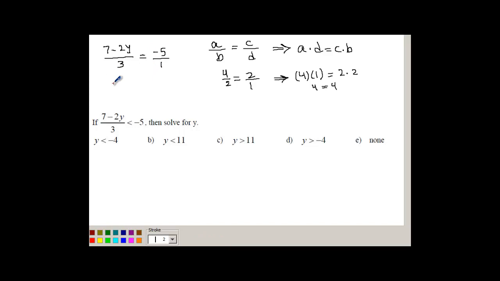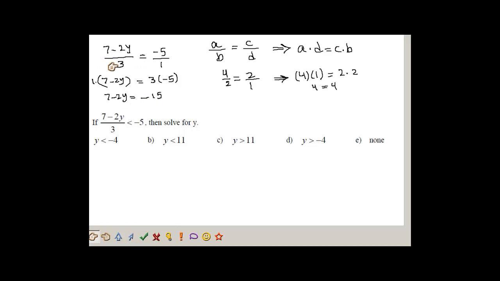I can write this as 7 minus 2y times 1 must be equal to 3 times minus 5. Right? So 7 minus 2y is equal to minus 15. That's how you can change this equation that involves a fraction into a linear equation.